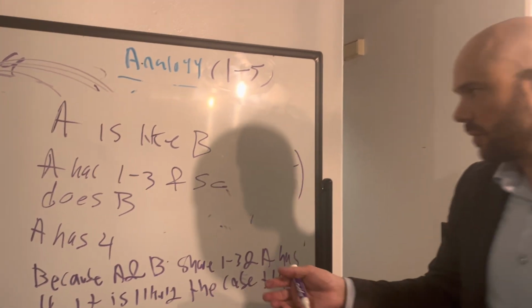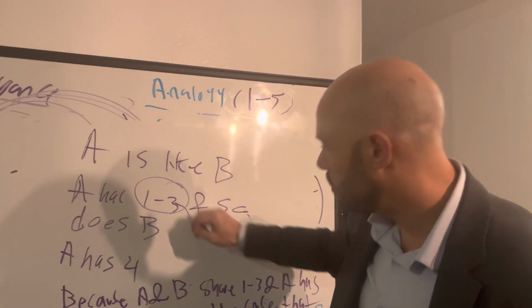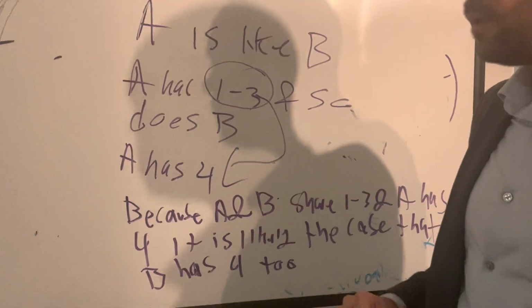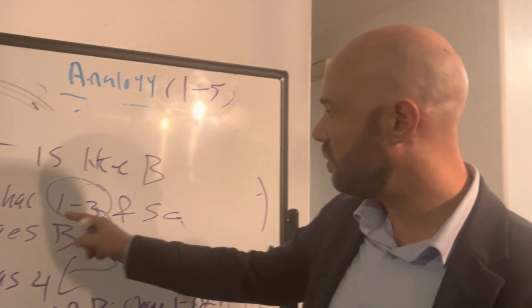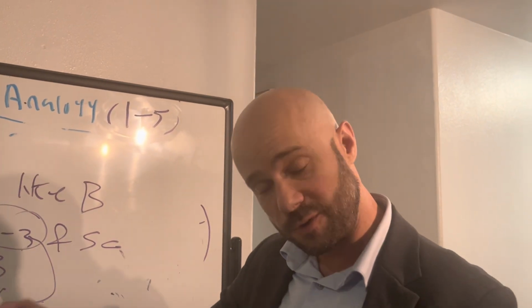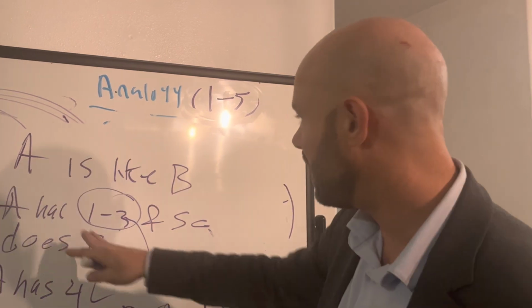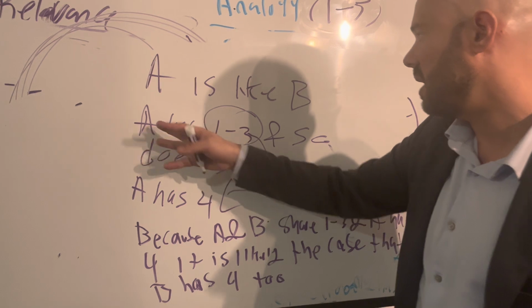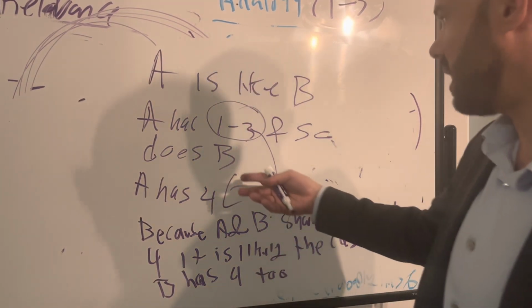And a way to argue for that again is to argue that something about having 1 through 3 is relevant to having that other attribute 4, whatever it happens to be. Maybe it has something to do with safety, right? If things have 1 through 3, then they're safe, or something like that, right? So then okay, well, you want to claim that A and B are like each other in terms of being safe. A has these attributes 1 through 3, and it also is safe.